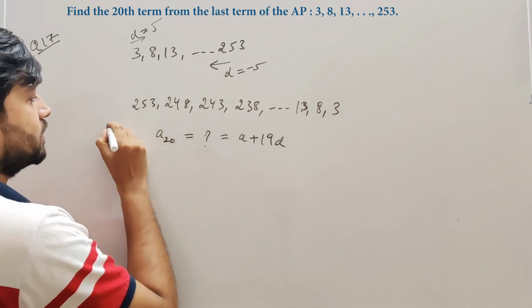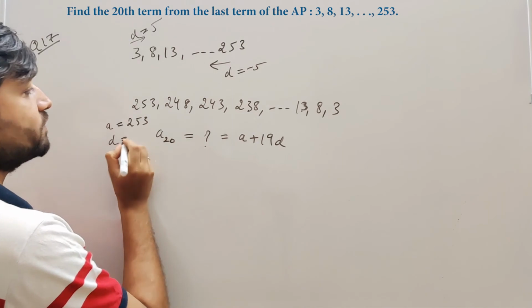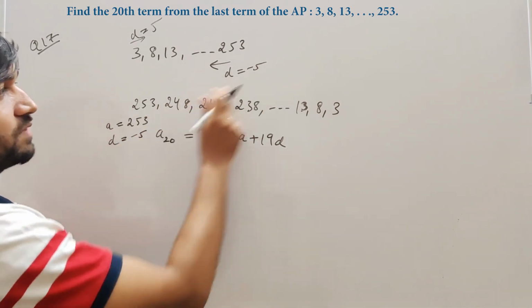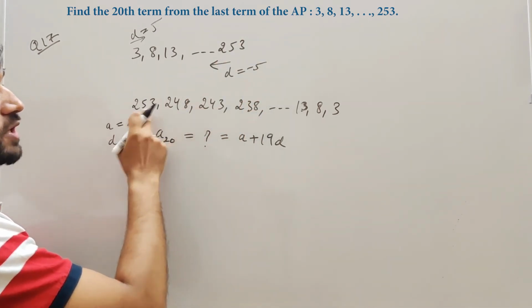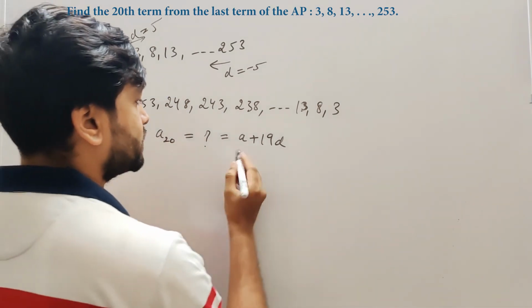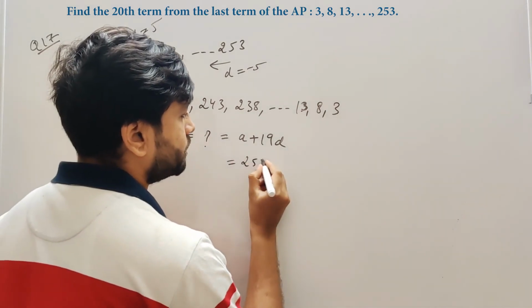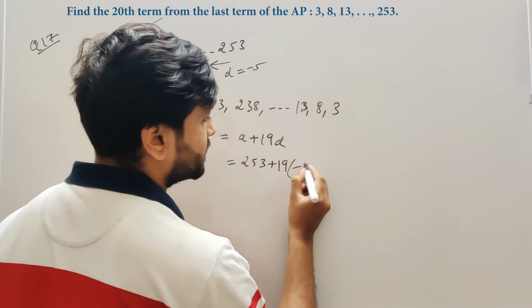What is the first term here? A is 253, the first term. The common difference, as we've already discussed, this minus this gives you minus 5, as you've already seen here. Or you can manually check: 248 minus 253 gives you minus 5. So we substitute the values of A and D. A is 253 plus 19 into common difference value minus 5.